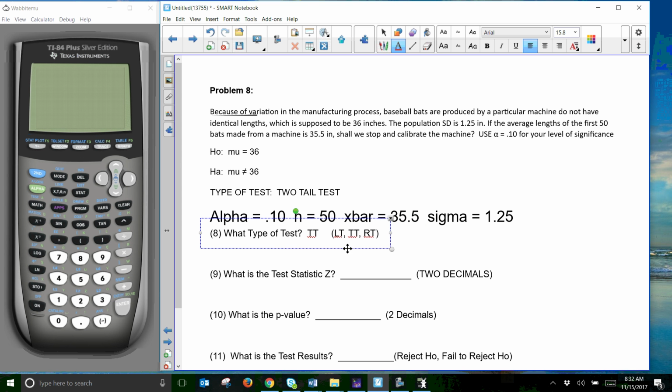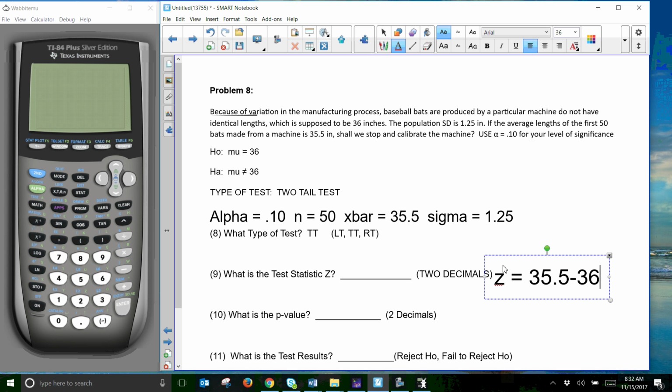Okay. The z-statistic, that's the first thing we have to calculate. So remember that the z-statistic is z equals, you're going to take the difference in the means. So we're going to do x bar minus, well, I'll just put the numbers in. It's going to be x bar, which is 35.5, minus 36, which is mu.